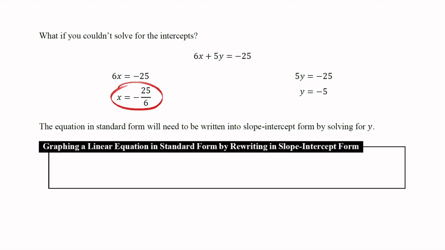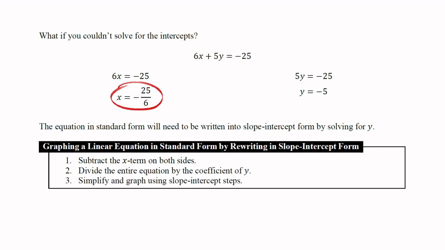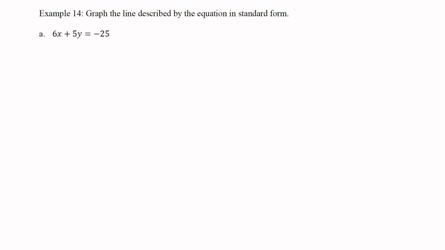So graphing a linear equation in standard form by rewriting the slope-intercept form requires subtracting the x term on both sides, dividing the entire equation by the coefficient of y, and then simplifying and graphing using slope-intercept steps. So let's graph the line of the equation that we just looked at, 6x plus 5y equals -25.